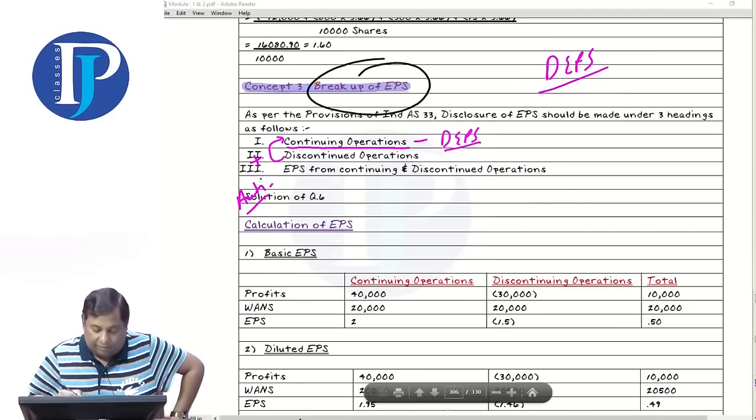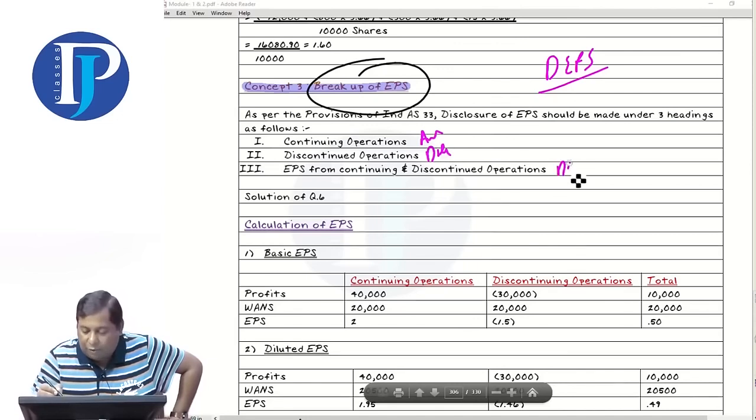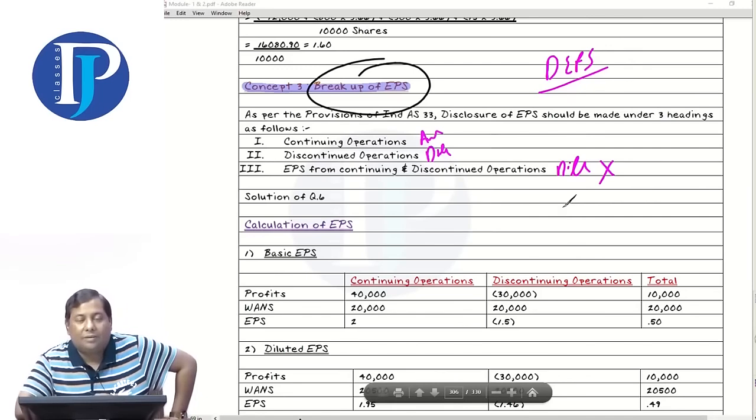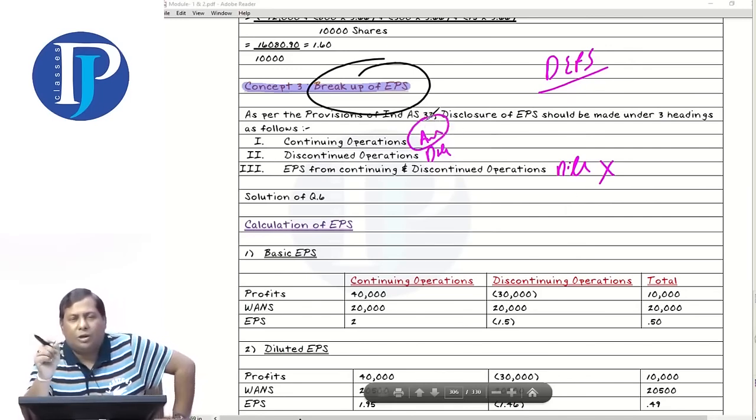I told you another case. Continuing is anti-dilutive, discontinued is dilutive, and because of this overall is also dilutive. I said we don't have to disclose this because what we are continuing is anti-dilutive, and I said one thing in the end. So overall EPS, I mean diluted EPS, will be based on continuing.